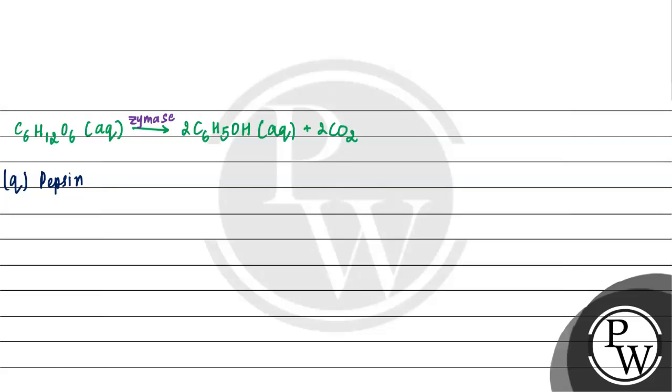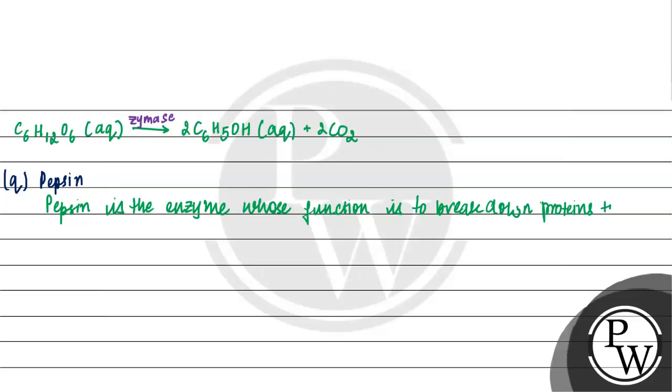Further explaining pepsin: pepsin is the enzyme whose function is to break down proteins to smaller peptides, or we can say amino acids. सो अगर हम इसका केमिकल रिएक्शन देखें, हमारा जो प्रोटीन है, with the help of enzyme pepsin breaks down into peptides.